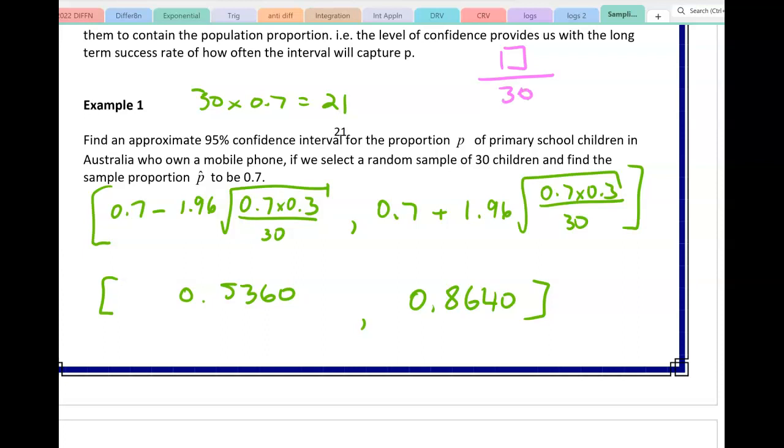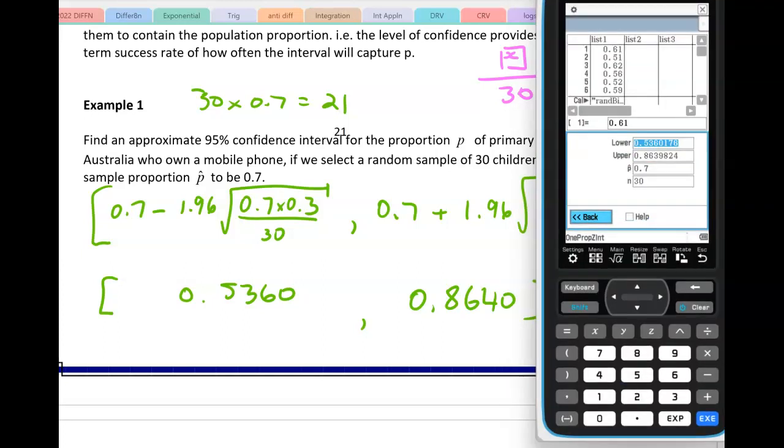Now, in this question, you're not told how many out of 30. You're just told that the sample proportion is 0.7. But your calculator wants you to put in that number, whatever that's your x value. So how do we find x? Well, we just do 0.7 times 30 because it's 21 out of 30 that gives you the 0.7.